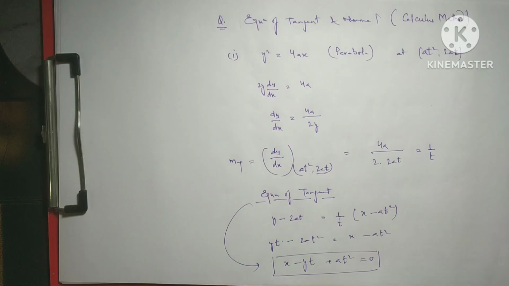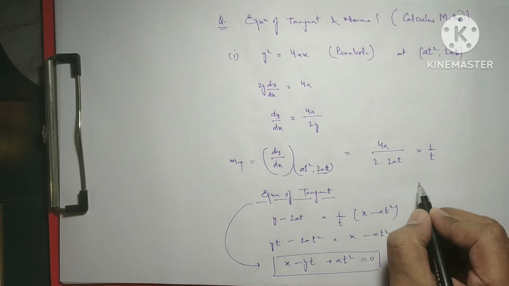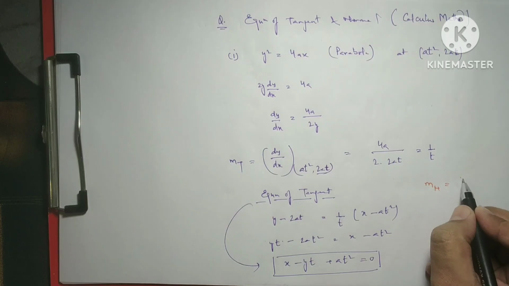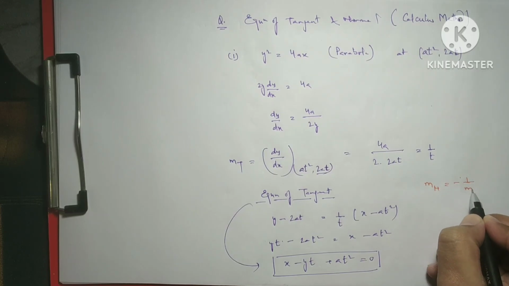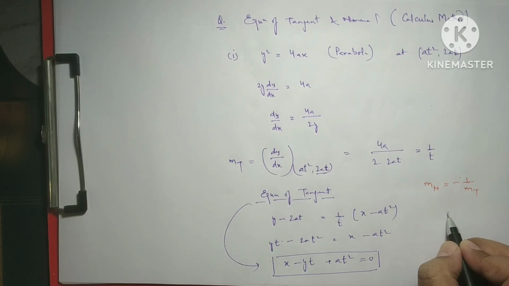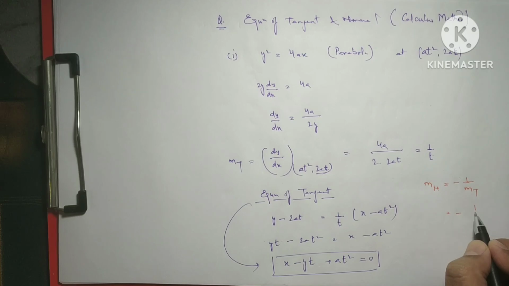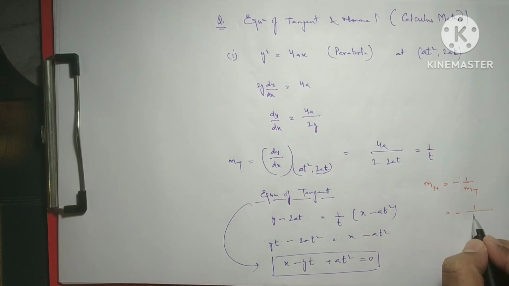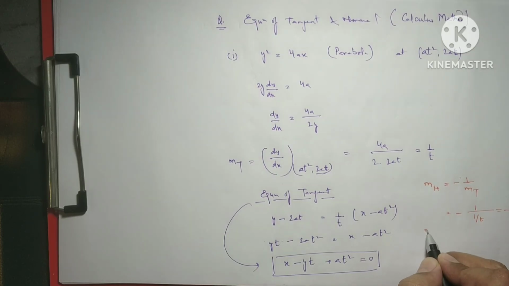Now for getting the equation of normal, our requirement is the slope of normal. So the slope of normal mn is minus 1 over mt. So it is minus 1 over, and mt is 1 over t. We will place 1 over t. So we get minus t, means mn equals minus t.